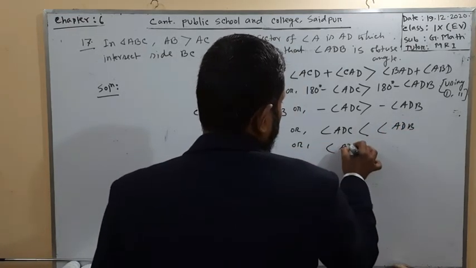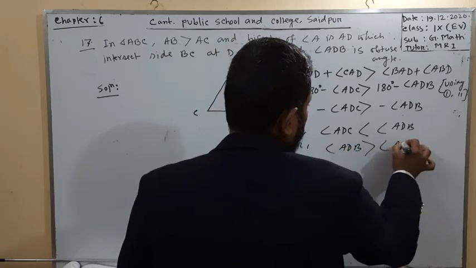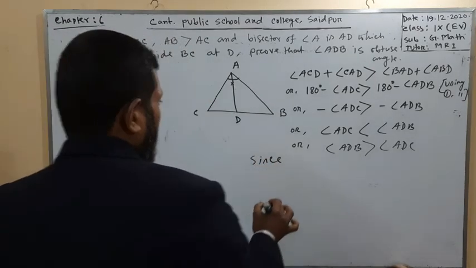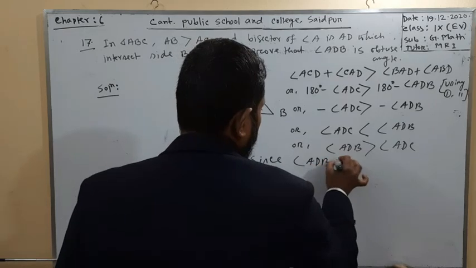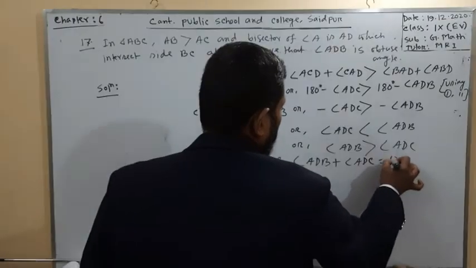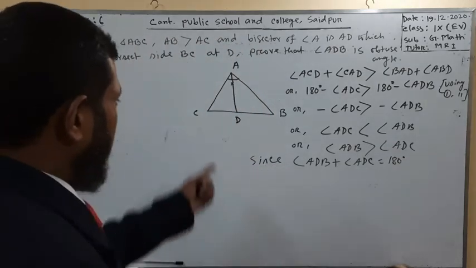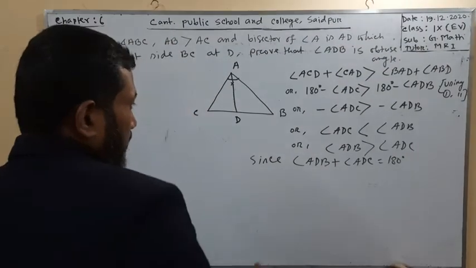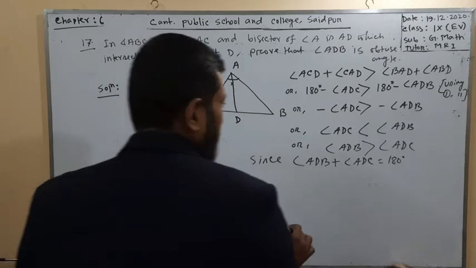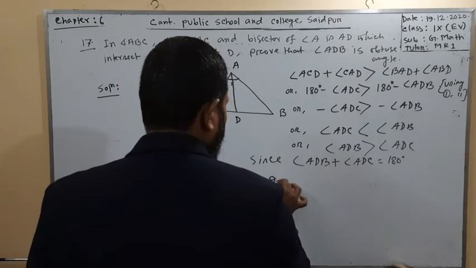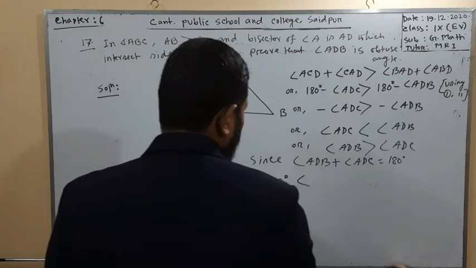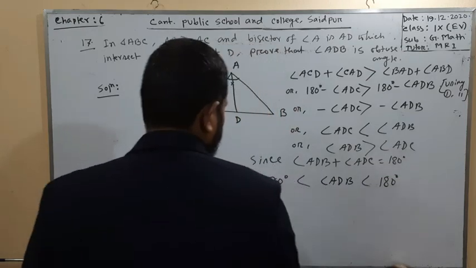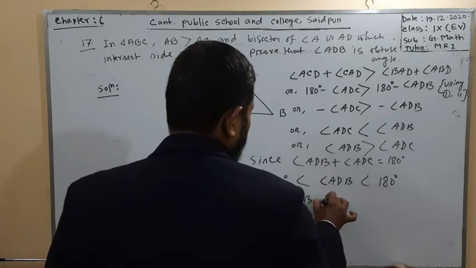Therefore, this angle ADB is greater than ADC. Since the sum of angle ADB plus ADC is equal to 180 degrees, because angle ADB and ADC are adjacent angles, the angle ADB will be greater than 90 degrees and less than 180 degrees. Therefore, angle ADB is an obtuse angle.